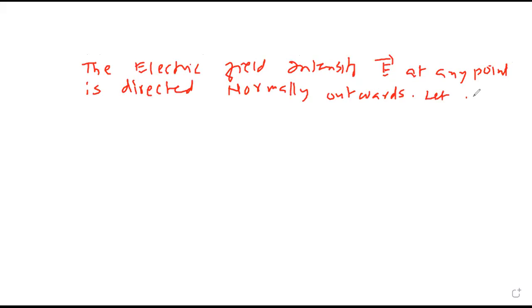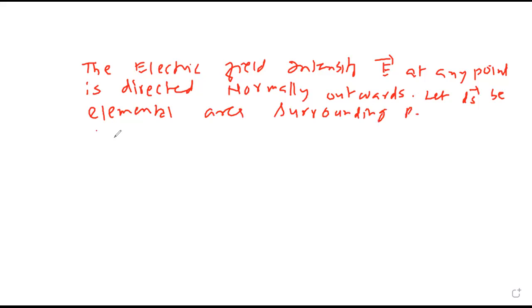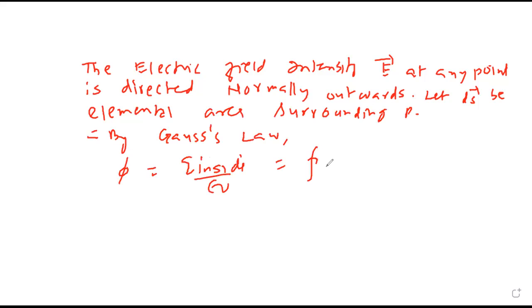Let ds bar be elemental area surrounding P. Therefore, by Gauss's law, flux phi is Q inside upon epsilon naught equals to E bar dot ds bar.